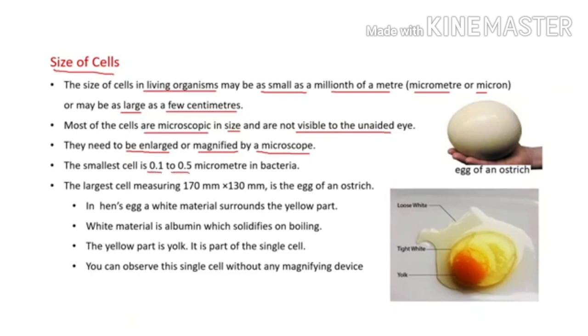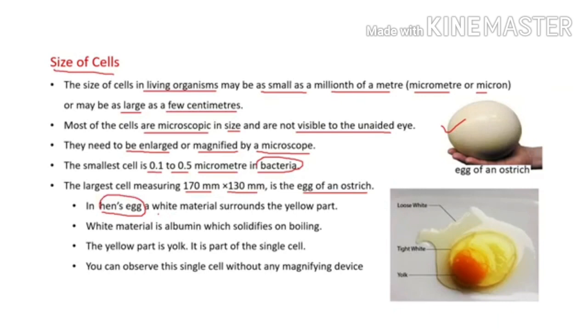The smallest cell is 0.1 to 0.5 micrometer in bacteria. The largest cell is that of an ostrich, the egg of an ostrich, with dimensions 170 millimeter into 130 millimeter. You must have seen egg of a hen.